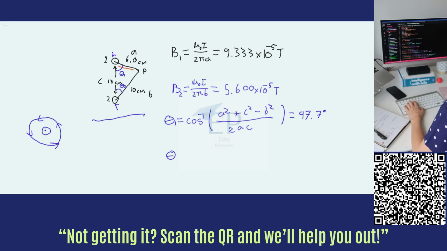And then very similarly, we do it for theta 2, which is b squared plus c squared minus a squared over 2bc. And that is 26.3 degrees.